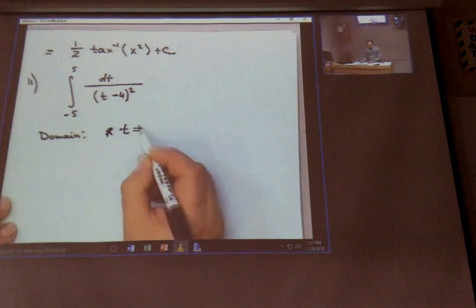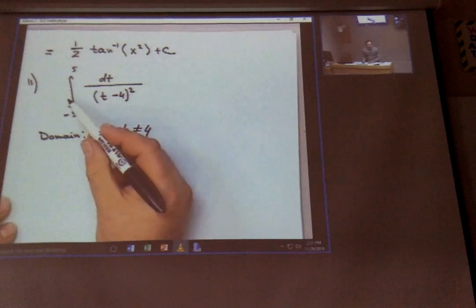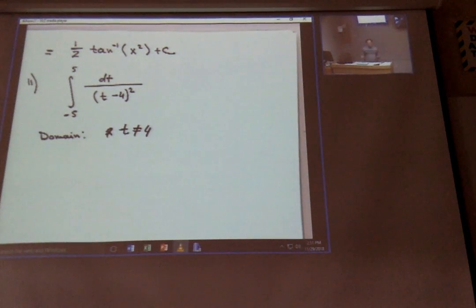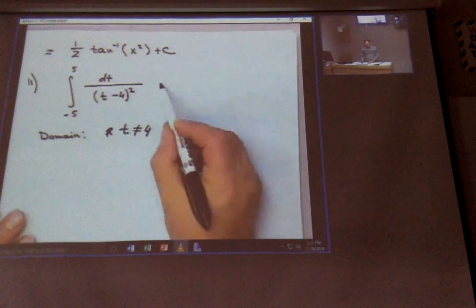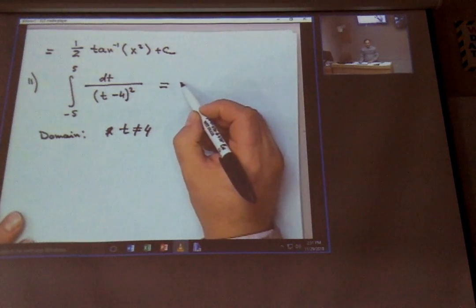T, so t does not equal to what? 4. And 4 is where? In this interval, right? And overall, it's a rational function, so we have an infinite discontinuity, which we cannot fix, okay? So overall, my domain is saying that 4 is inside of this interval, so the answer is what?